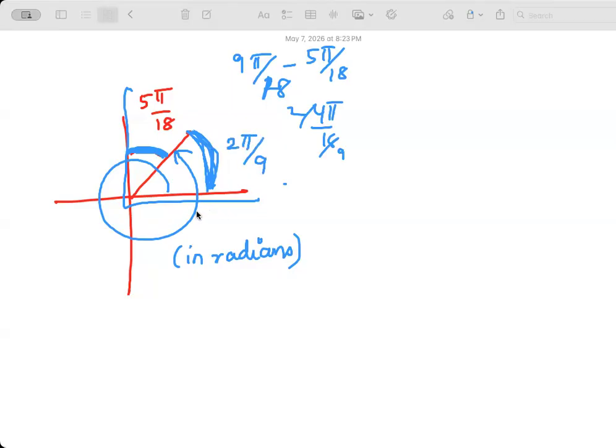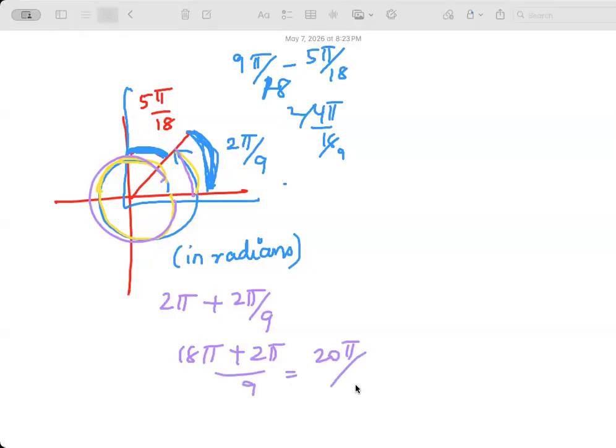Once I find that out, I want to understand the blue angle. I'll go until here, which is 2 pi, then 2 pi plus 2 pi by 9, going clockwise, so everything is positive. 18 pi plus 2 pi by 9 gives 20 pi by 9. Any questions? This is a little difficult, guys. As we switch to radians, it is difficult, but once you get used to radians, it's going to be easy.